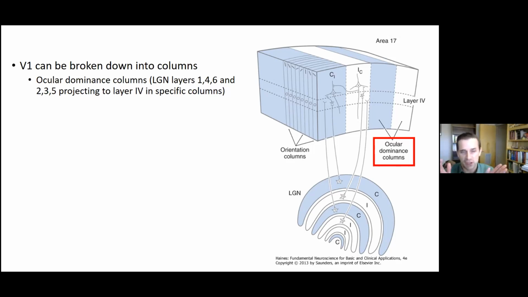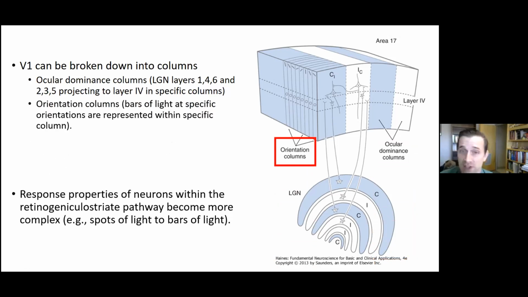It's just showing you that those layers are projecting to these ocular dominance columns in layer 4 in the primary visual cortex. On top of that, we also have orientation columns.